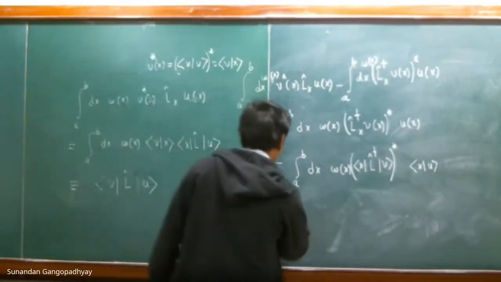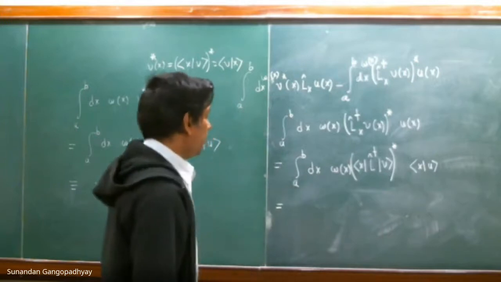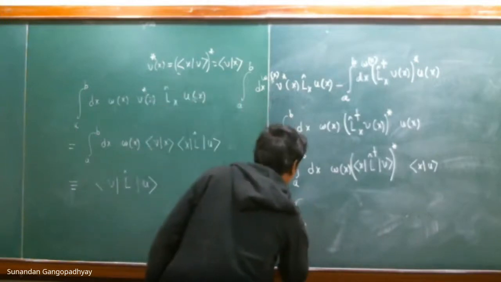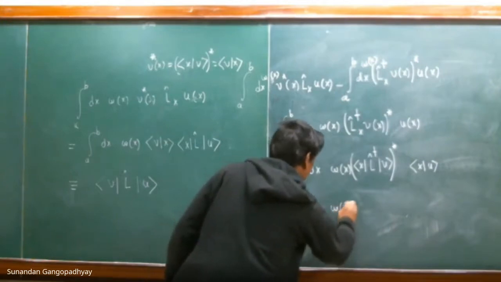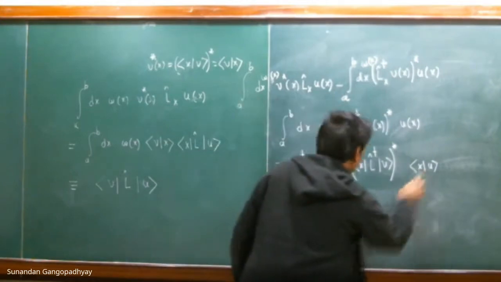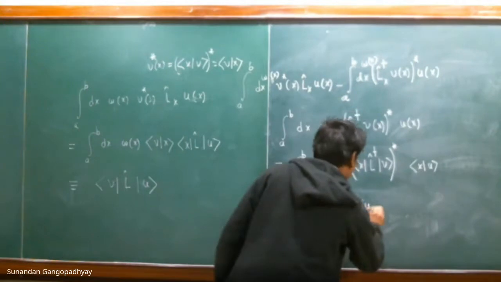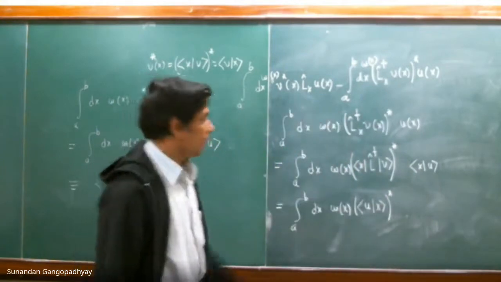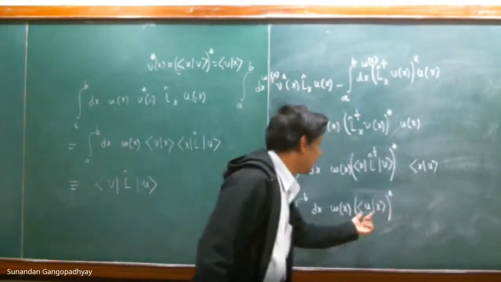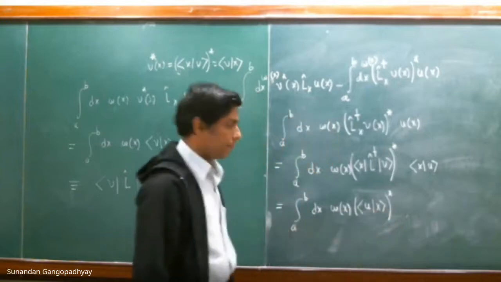And now you can see that you can write this down as integral a to b dx, the weight function, and u of x complex conjugate, this particular thing. Ket u bra x is nothing but bra u ket x complex conjugate.